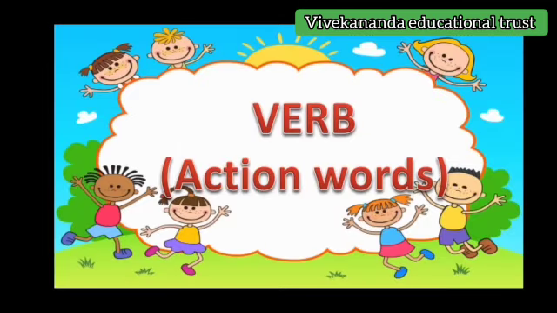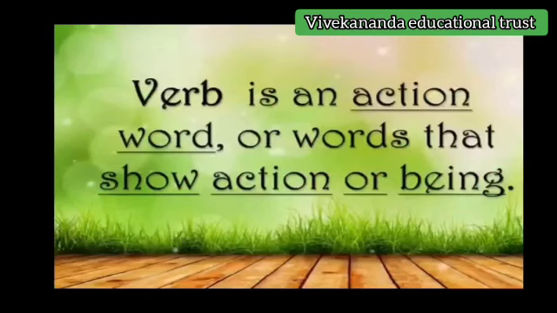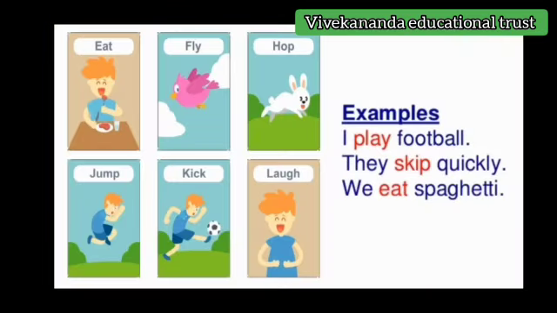Next we are going to see about verb. Action verb. What is a verb? Verb is an action word, or words that show action or being. Okay, let's see it with some examples. Eat, fly, hop, jump, kick, laugh.